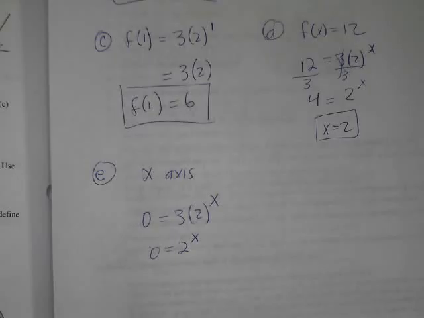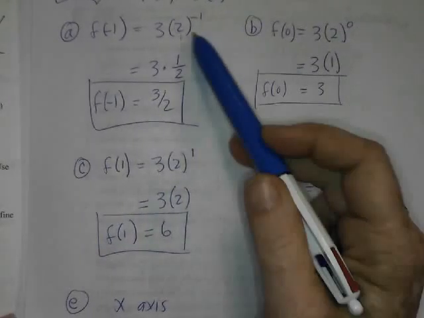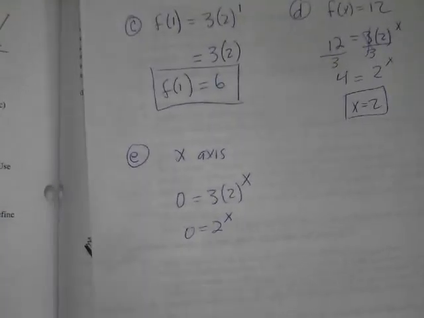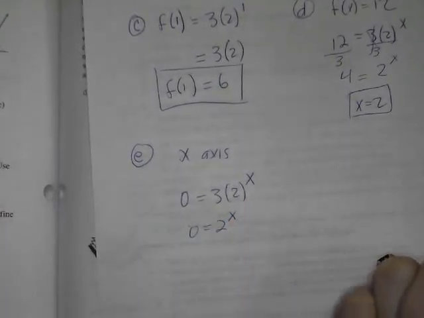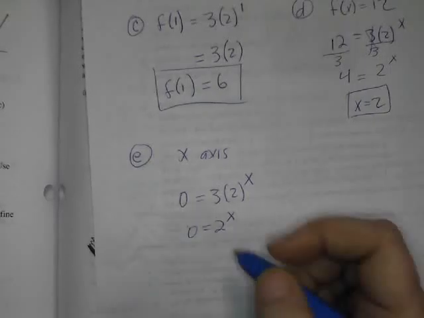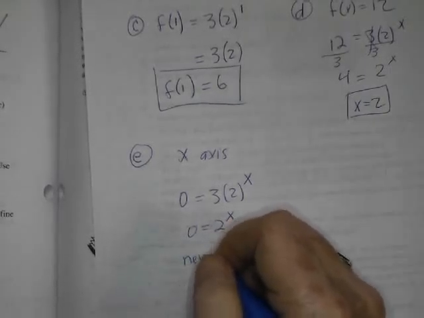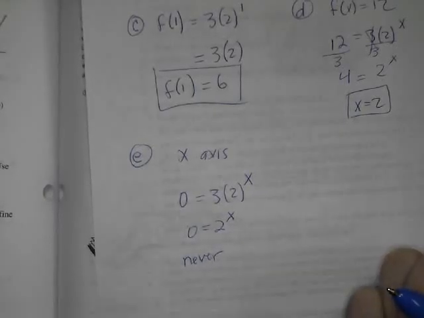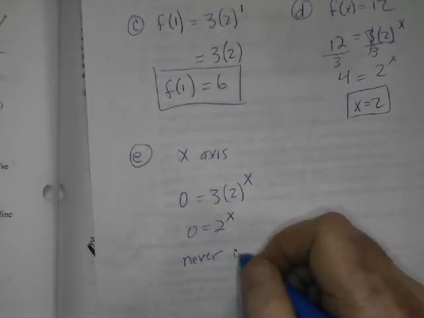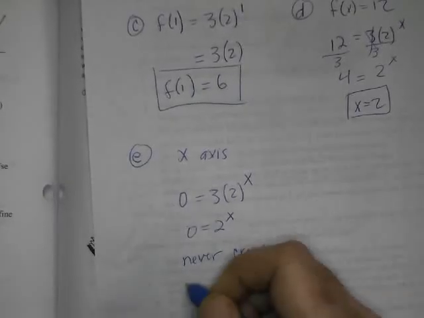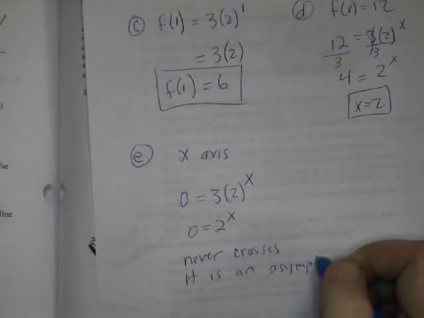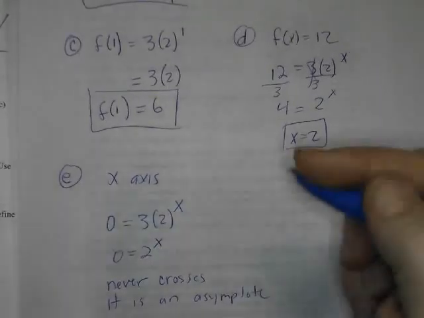No. Because remember, 2 to the negative 1 was a half, and 2 to the 0 was 1. I think it's never going to cross the x-axis, because remember, it's an asymptote. So we're going to say never crosses. It is an asymptote.